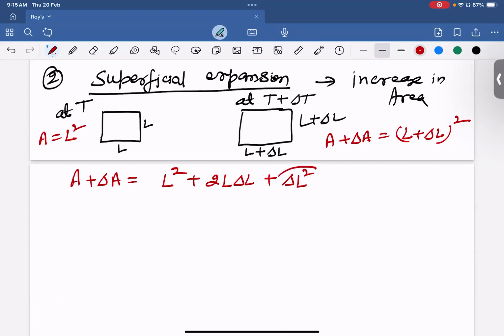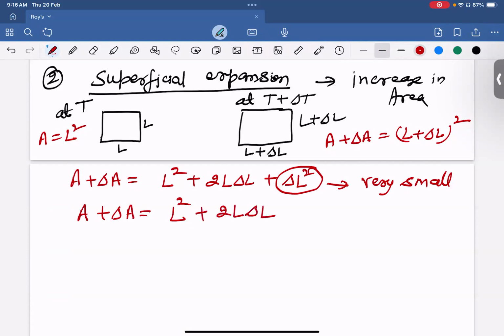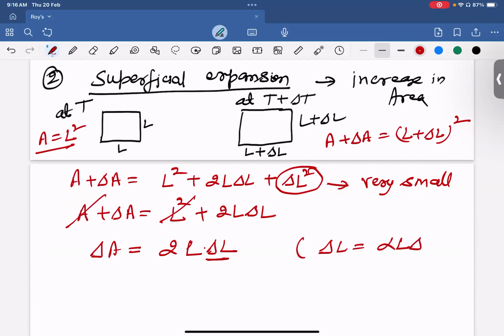Delta L is very small, so delta L square will also be very small, so this term we can neglect. So we can write A plus delta A equals L square plus 2L delta L. As A and L square are the same, we can cancel them. So we find the formula of change in area is 2L into delta L. We know delta L already, we have found that, that is alpha L delta T.